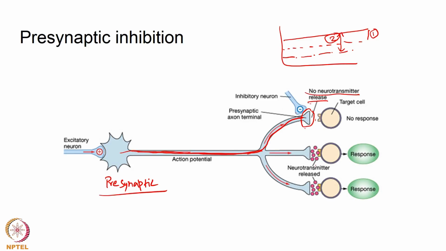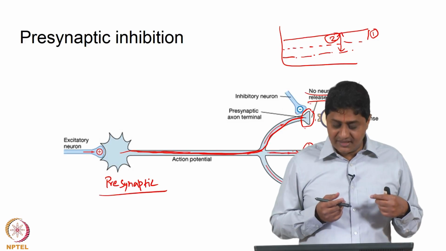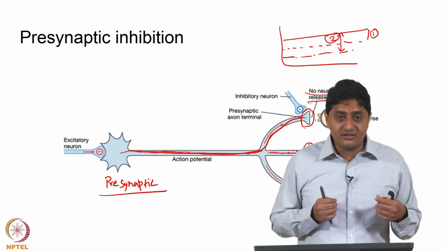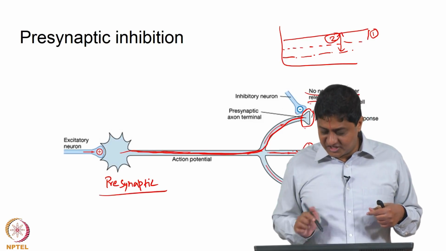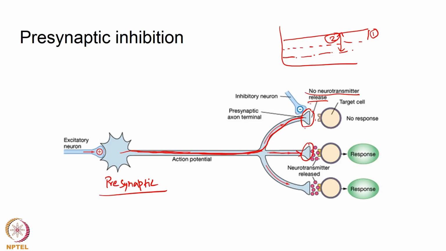Whereas here is a case where there is no such excited state of this part of the synaptic end bulb. So, whenever an action potential arrives here, more calcium channels get opened, more vesicles are going to open, and neurotransmitter is going to be released into the cleft, which is going to be detected by the postsynaptic cell.